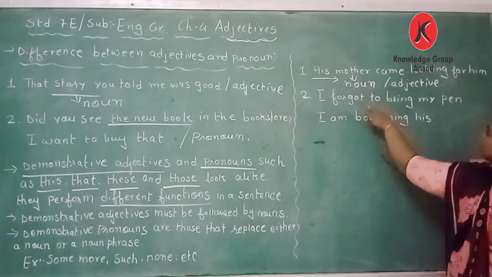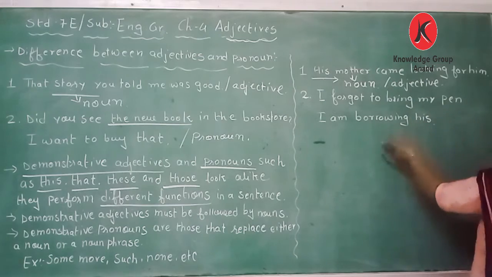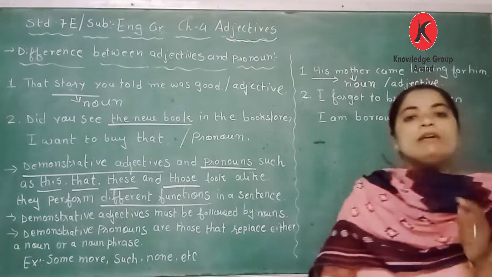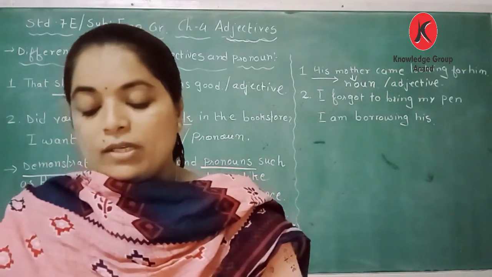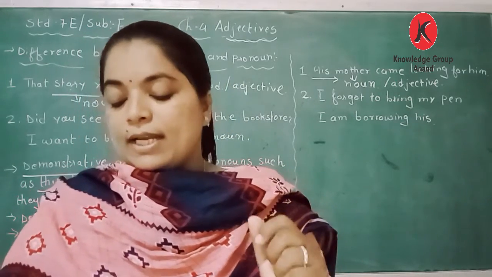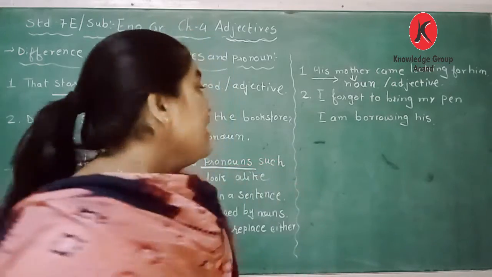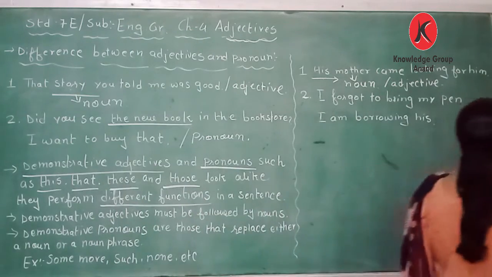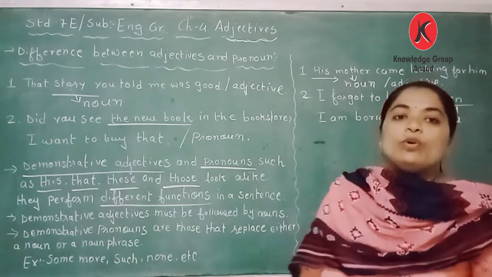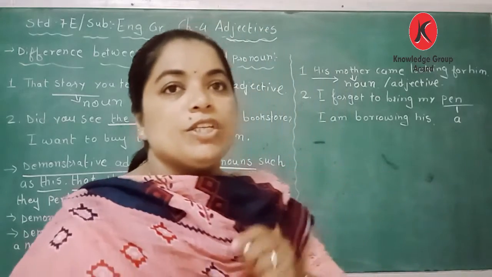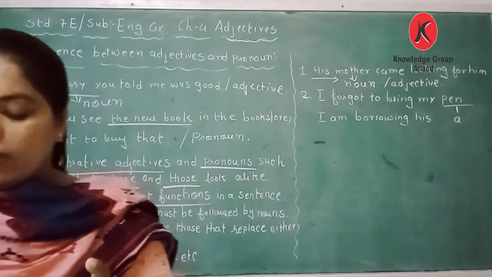Second sentence: I forgot to bring my pen. I am borrowing his. In the second sentence, pen works as an antecedent. I taught you about antecedent in chapter 3, pronoun.